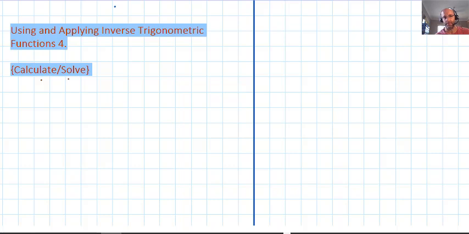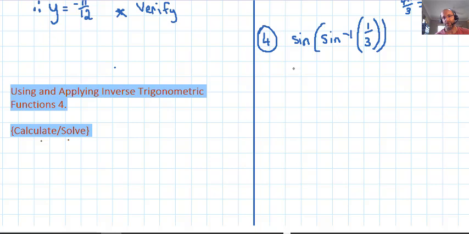Here's example 4. Sine of inverse sine 1/3, and let y equal the given expression.